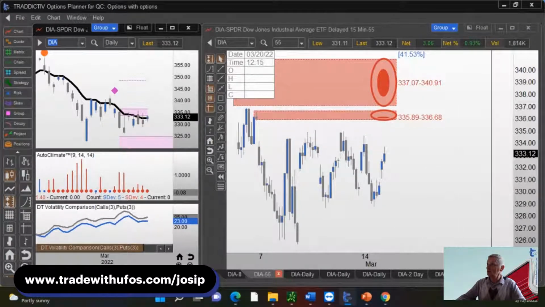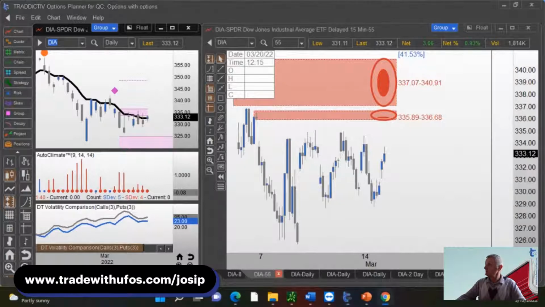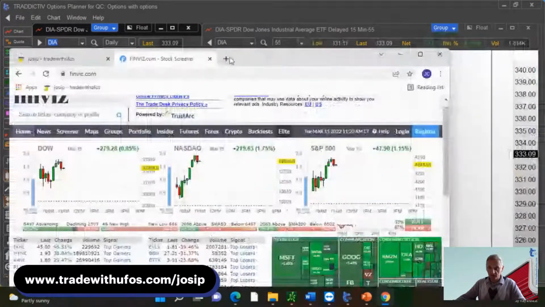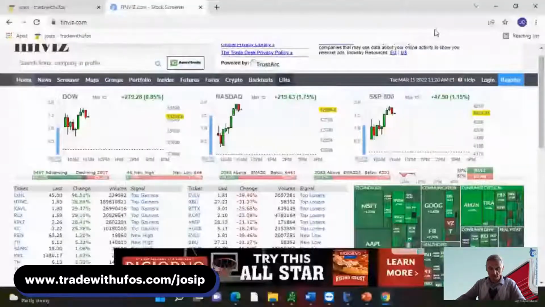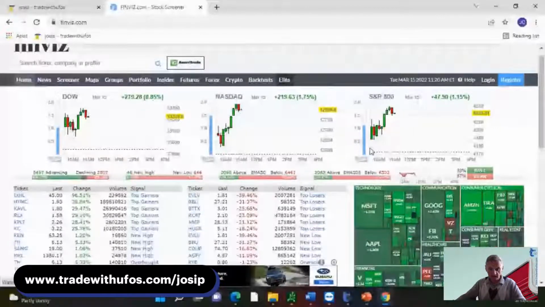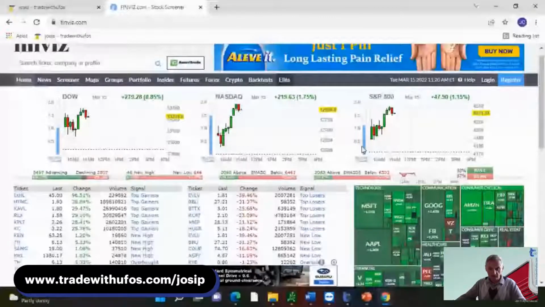So I'm going to quickly show you something here. It's a FinViz website that helps gauge what the market is doing at a glance. We have a gap up on the Dow, a smaller gap on the NASDAQ, and a gap on the SPY.